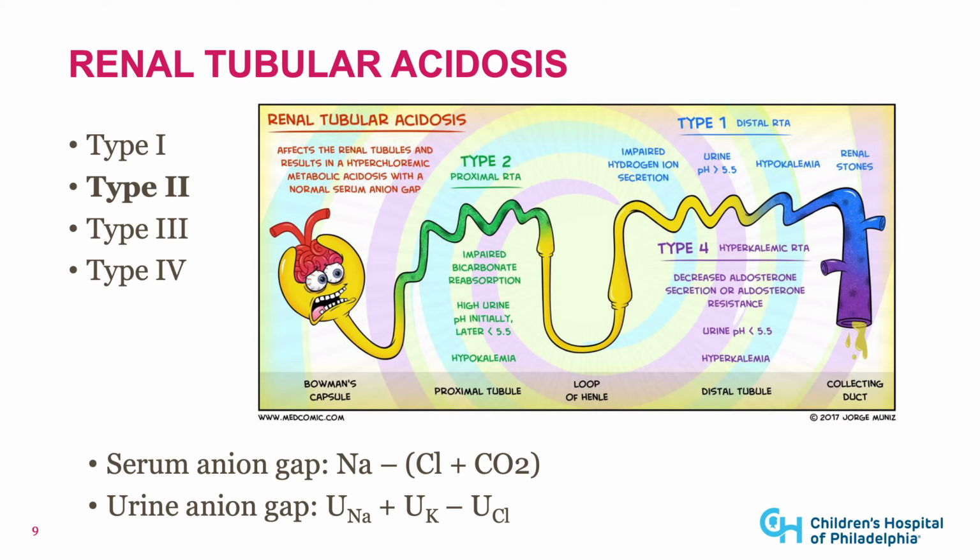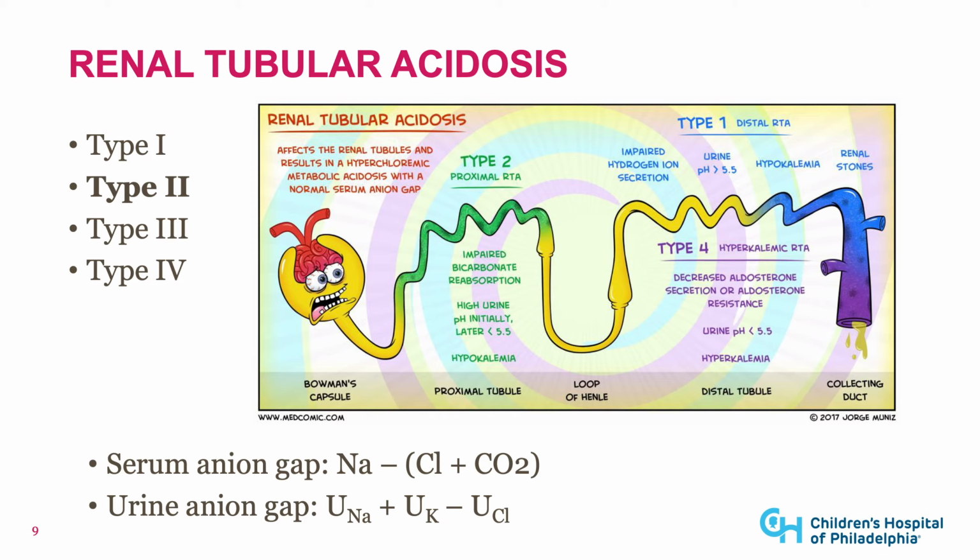While the serum anion gap is used to look for the presence of an unmeasured anion, such as lactate, the urine anion gap is used to look for an unmeasured cation, ammonium. Ammonium is utilized to trap secreted protons in the urinary lumen.